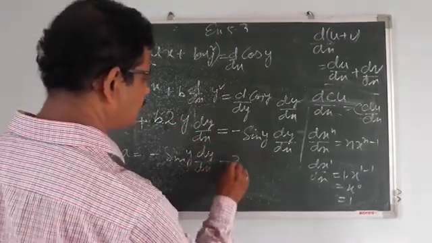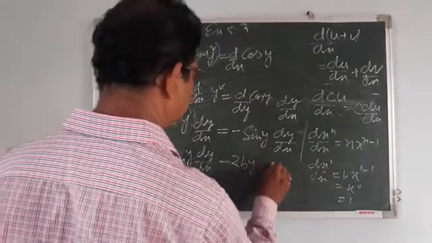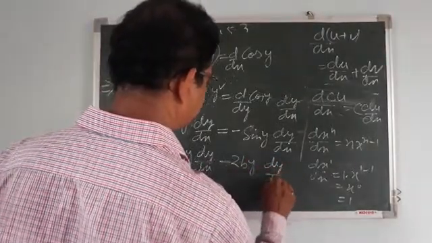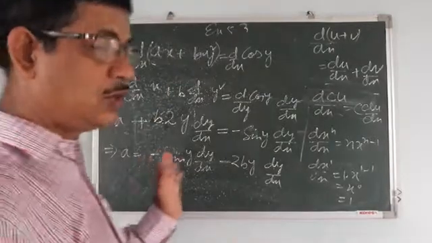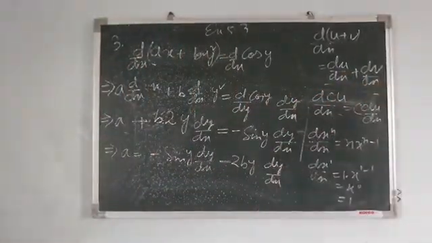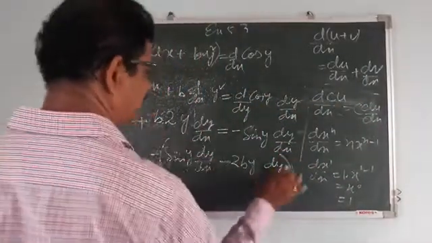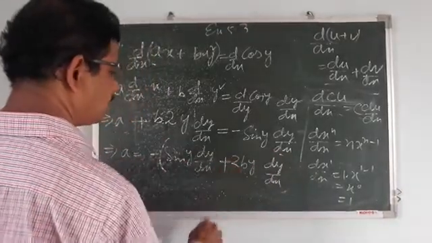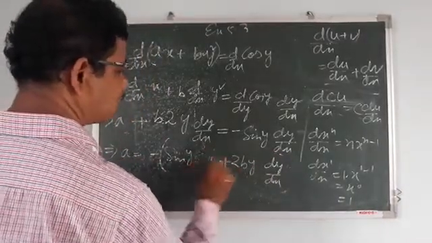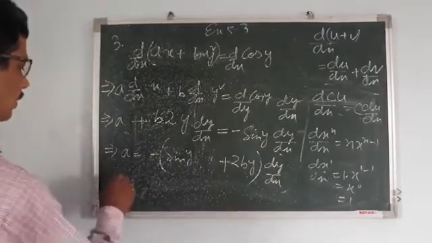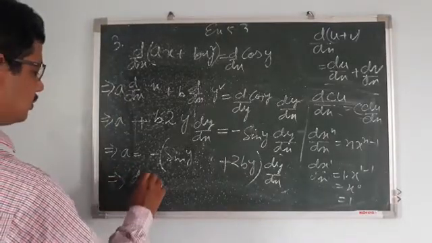Minus 2by dy/dx, little arrangement I have done. So what I have done, we have taken all the dy/dx term in one side and remaining term in other side. Then if we take minus common, then this will be plus. If we take dy/dx common, this will be that. Then what is dy/dx?